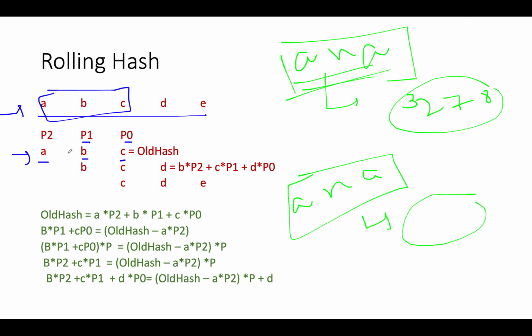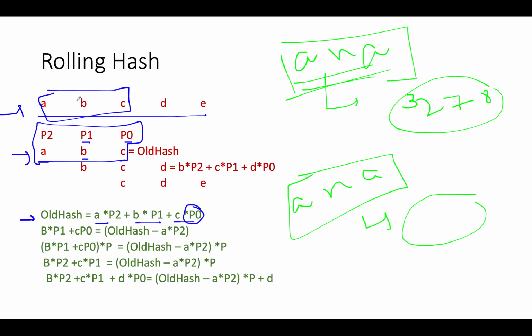So what would be the hash corresponding to the input substring ABC? The hash would be equal to P^0, which is 1, into C, plus P^1 into B, plus P squared into A. So the old hash value turns out to be A into P squared, plus B into P^1, plus C into P^0, which is 1. This is the old hash value.